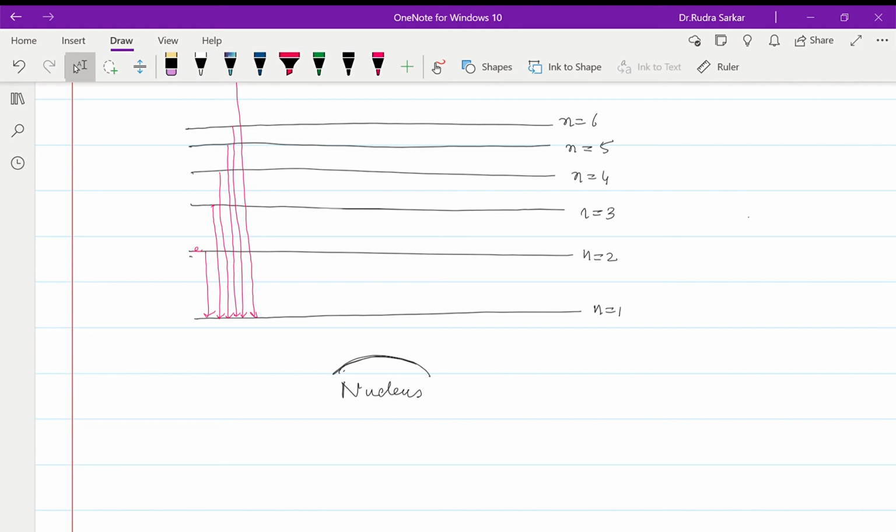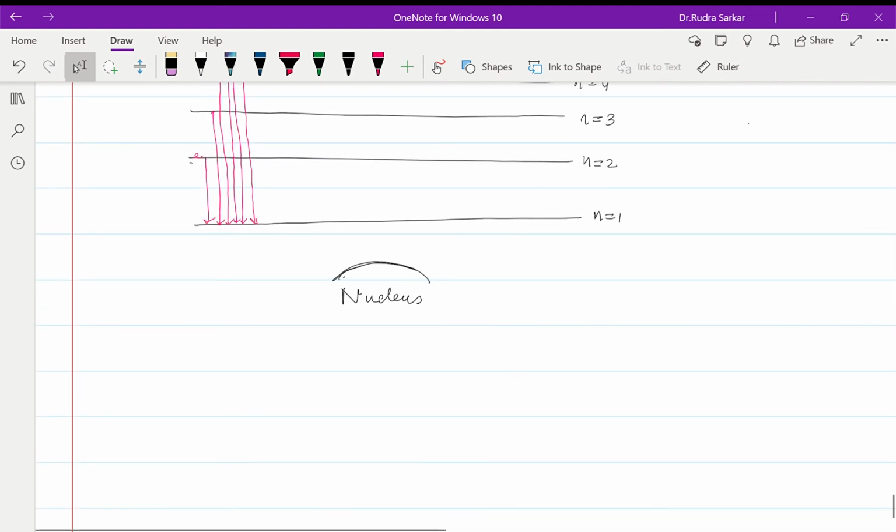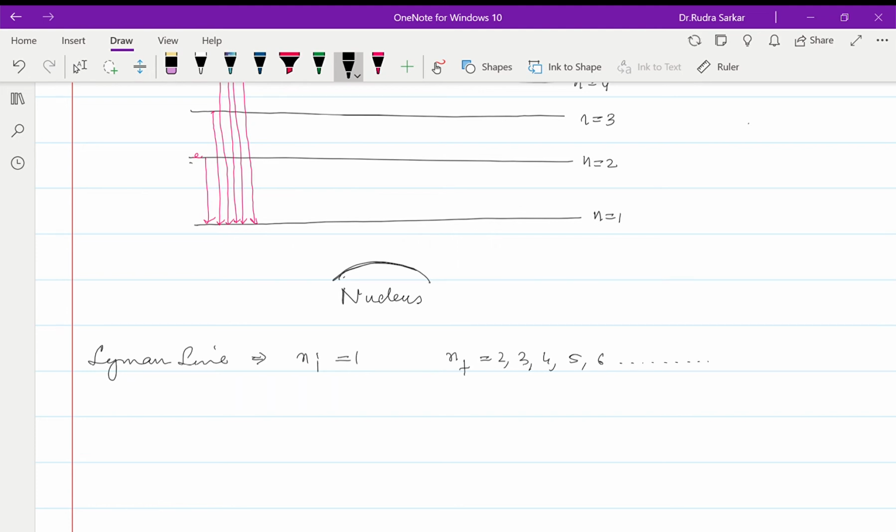If I say Lyman line, that means it is coming to energy level n1, from, so this is ni suppose, and this is nf, so it is coming from 2, 3, 4, 5, 6. ठीक है बोलो.